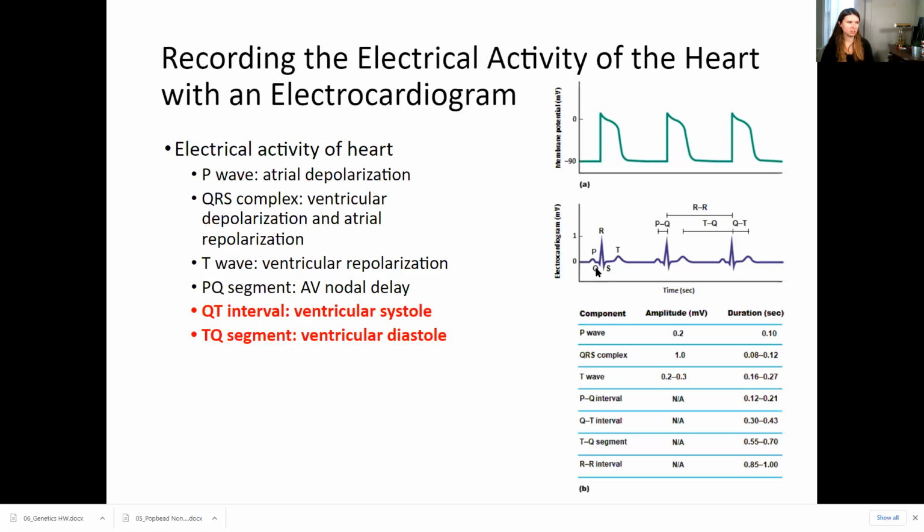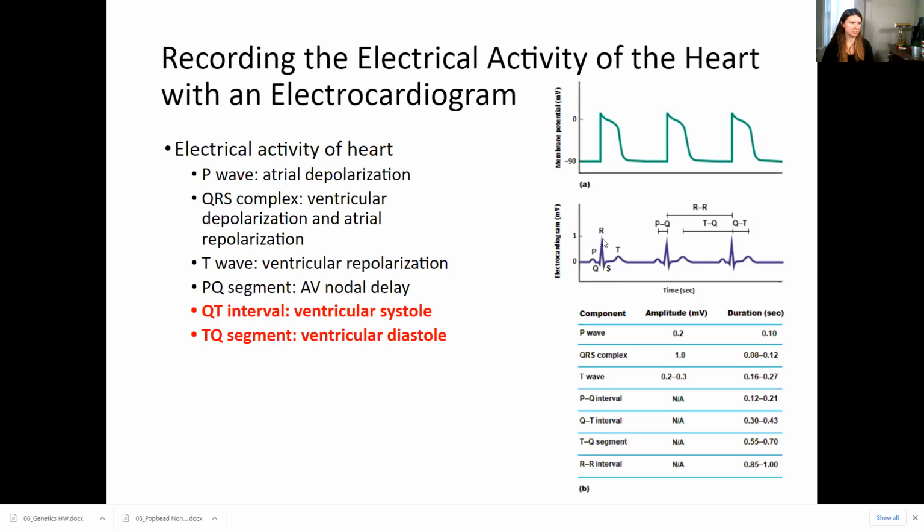Then we have what is called the QRS complex. We have a dip, then a big peak, and then another dip. What's happening during this QRS complex is that the ventricles are depolarizing, so that signal is getting to the ventricles, and the atria are repolarizing.